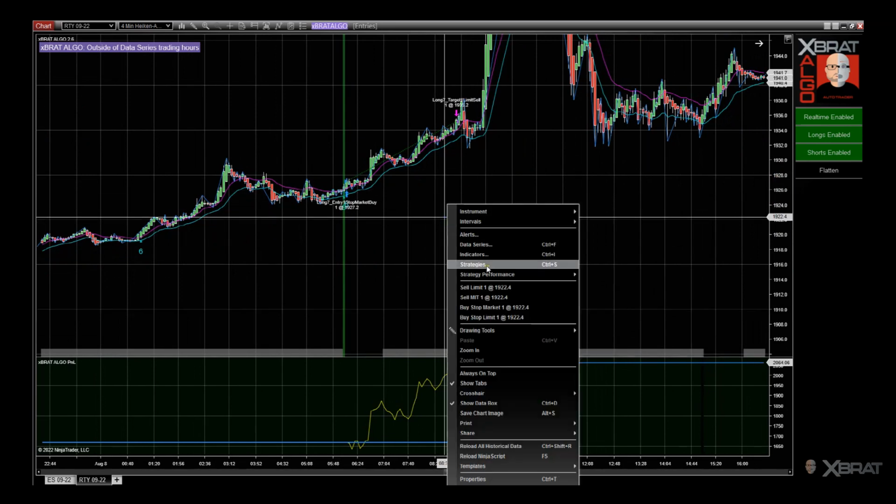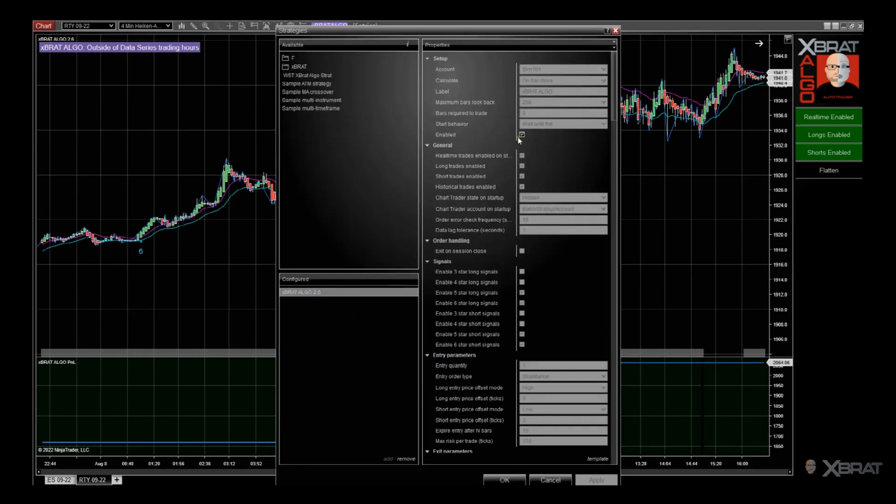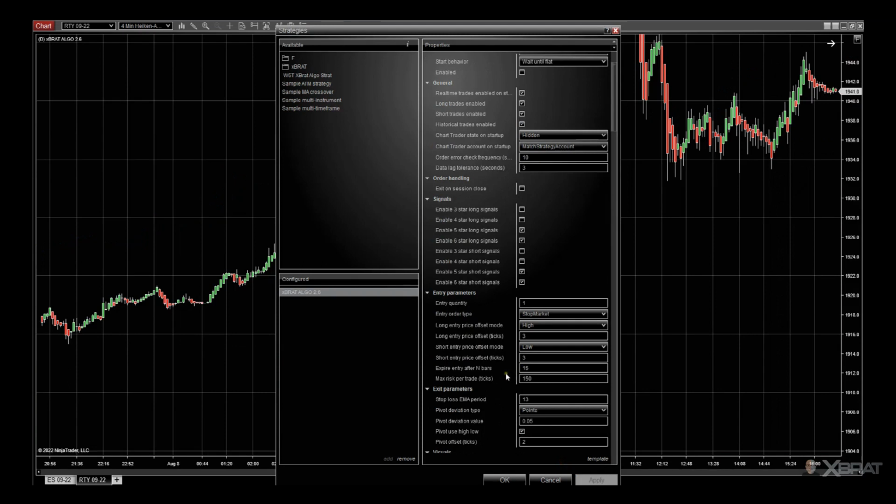Let's just have a look at this and say it's got to do it the bar after, just for argument's sake. So at the moment we've got expiry entry after M bars at 15. What if we put that to 1? So the next candle has to breach the entry, the order, or it gets cancelled. What difference does that make?